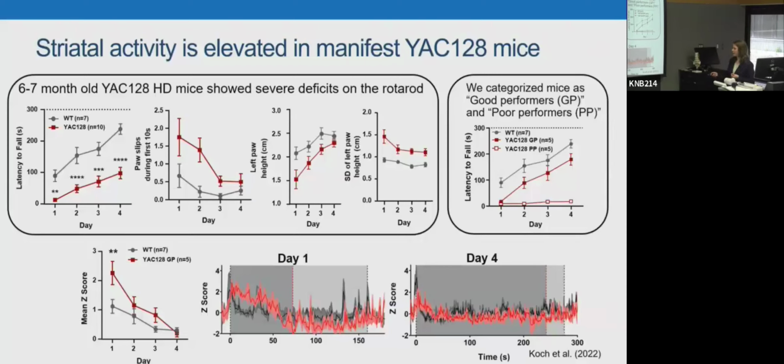Here's an example of the activity during a trial on day 1 with the YAC in red compared to wild type, compared to day 4. And by day 4, they look more similar again, but they just have this high activity on day 1 of training. They're also much more uncoordinated on the rotarod. And so I think that some of that uncoordination during the task could be causing this increased activity in the striatum.